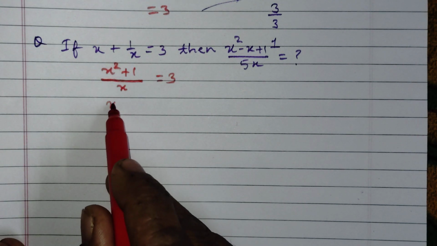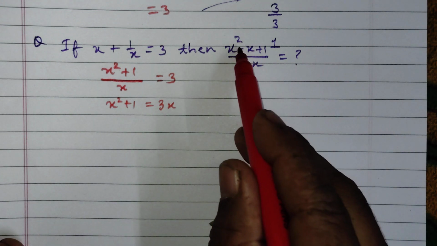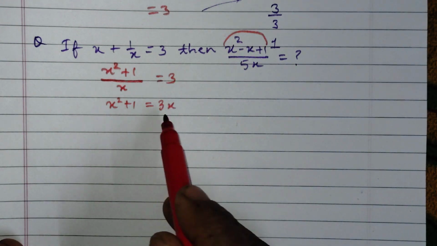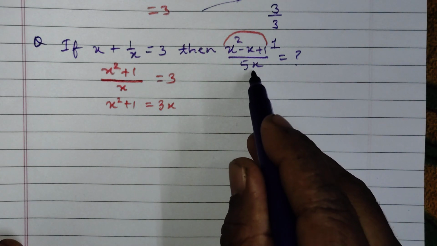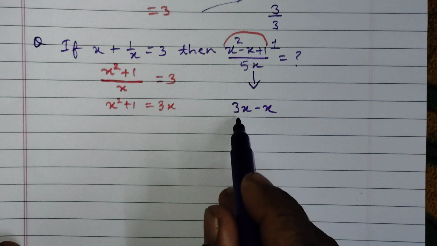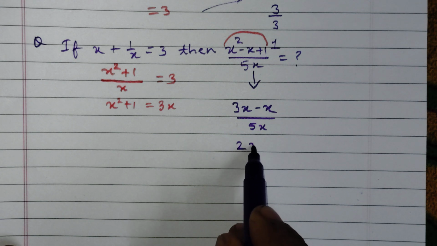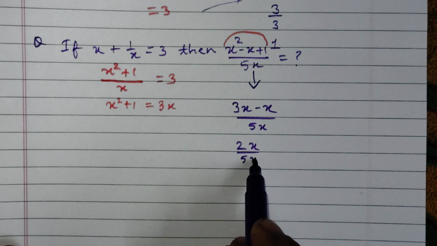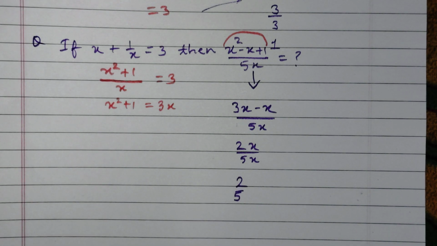Cross multiplying we get x square plus 1 equal to 3x. So this x square plus 1 we replace with 3x. After replacing we get 3x minus x upon 5x. 3x minus x we get 2x upon 5x. Numerator x and denominator x cancel out. We get the answer 2 upon 5 for this question.